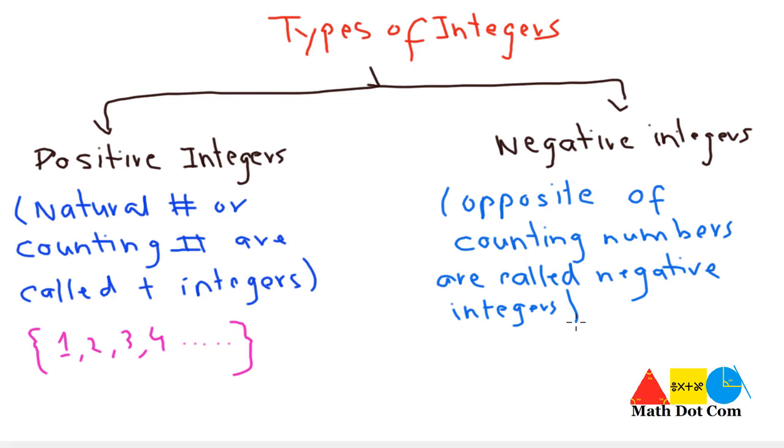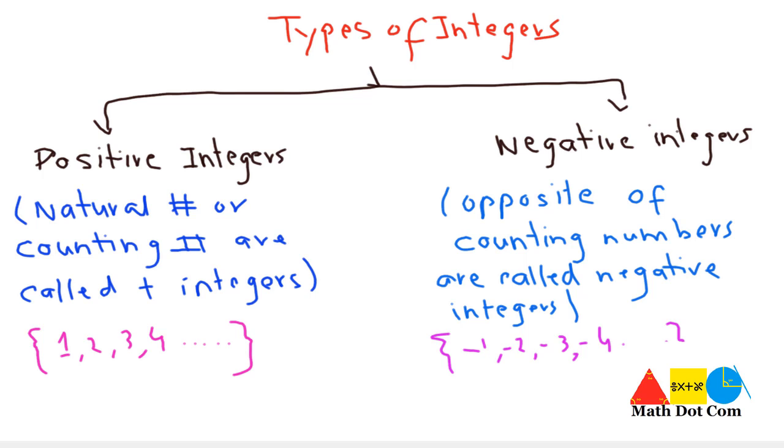They are represented as -1, -2, -3, -4, and so on. So it is clear from here that the difference between positive and negative integers is their sign and their direction, but their magnitude remains the same.